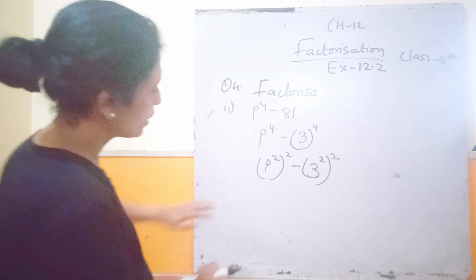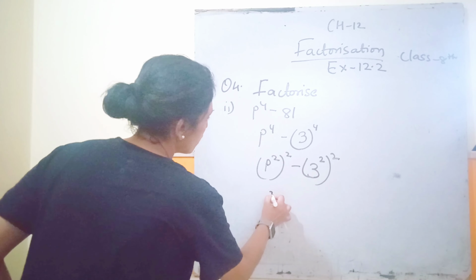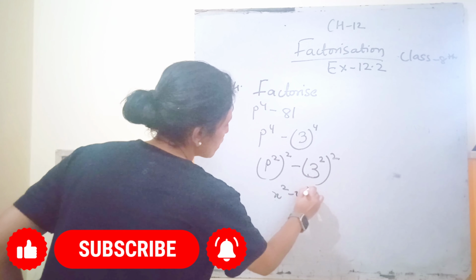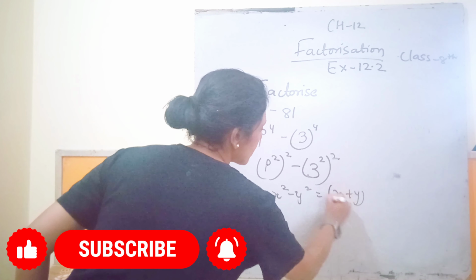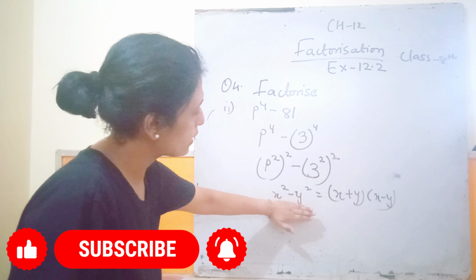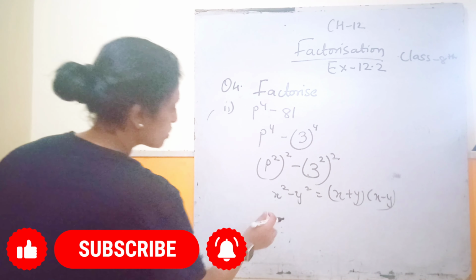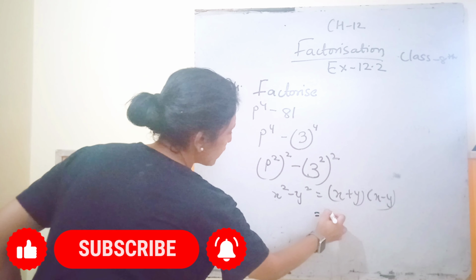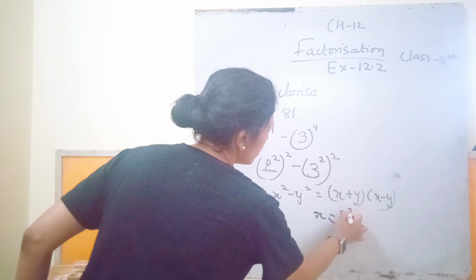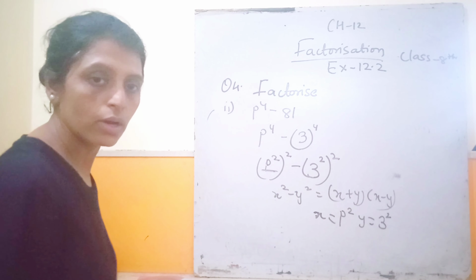Now here we can use the identity as we have used in the first part. You can write x square minus y square is equal to x plus y, x minus y. So now compare x square minus y square with p square to the power 2 minus 3 square to the power 2. So here we get that our x is equal to p square and y is equal to 3 square.